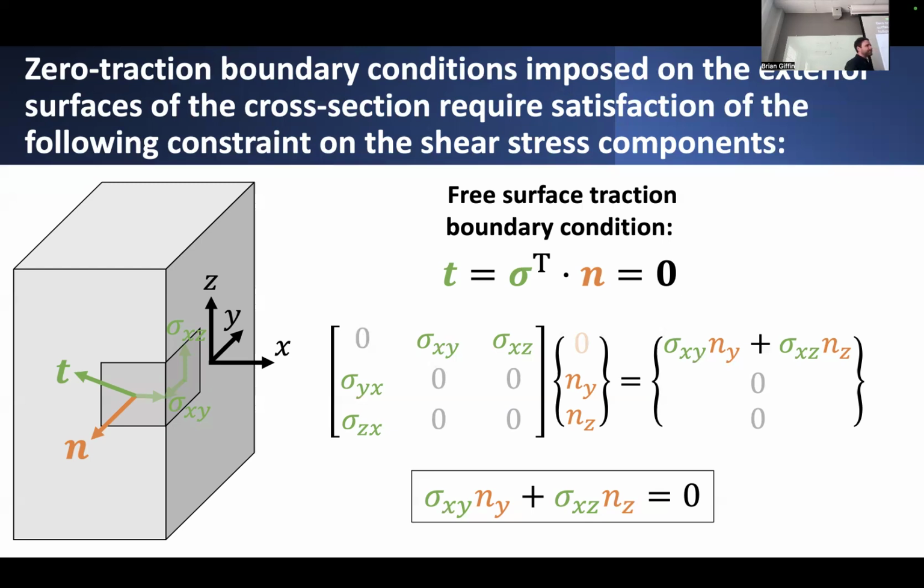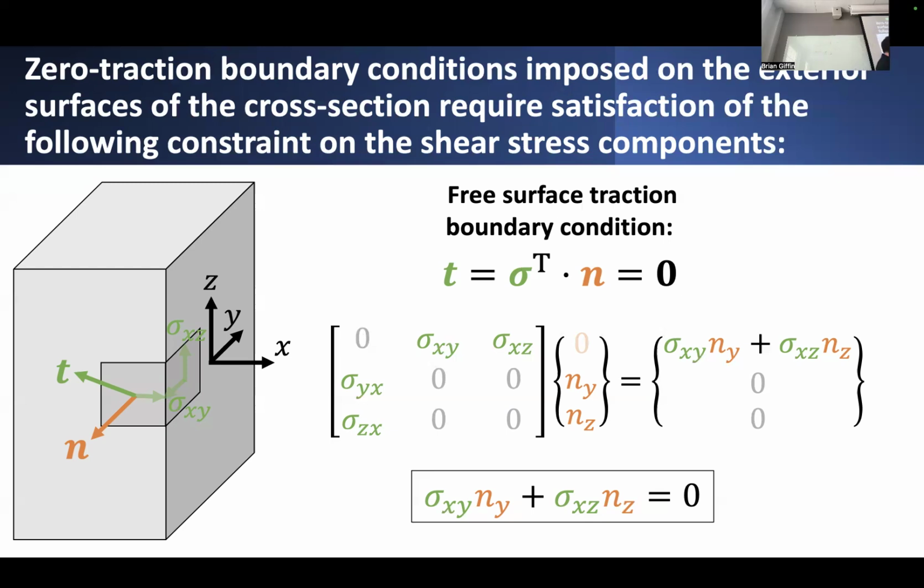act on this surface. And if you know that the stress tensor really only includes these shear stresses, and if you're looking at these surface normals that you know cannot have a normal component, if they are truly normal to this exterior surface, they can only have an orientation which lies within the in-plane YZ plane, then you can come up with a relationship that states some combination of these shear stress components multiplied by the components of this normal vector to this exterior surface.